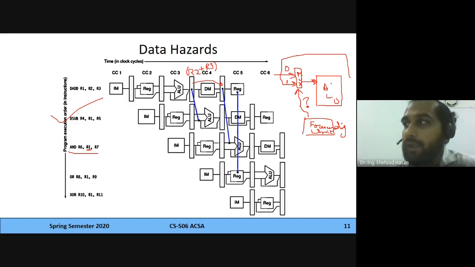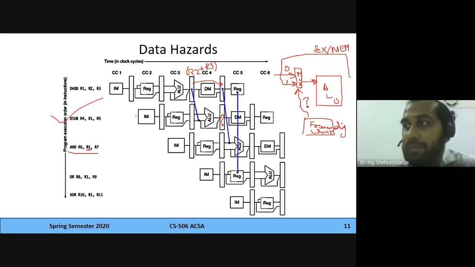So in this case that we have discussed, we said that the result is coming from the EX-MEM pipeline register. But if we are going to talk about the EX-MEM pipeline register, that register is this register, in the beginning of the fifth cycle. So in other words, what we are talking about is getting a result from this particular register to the ALU.